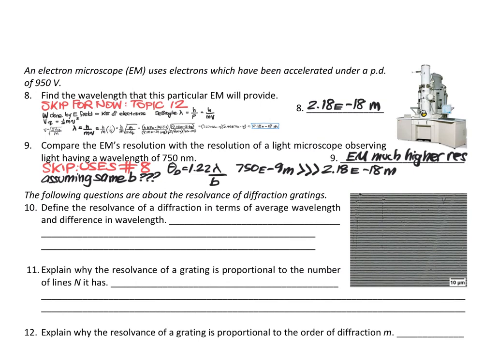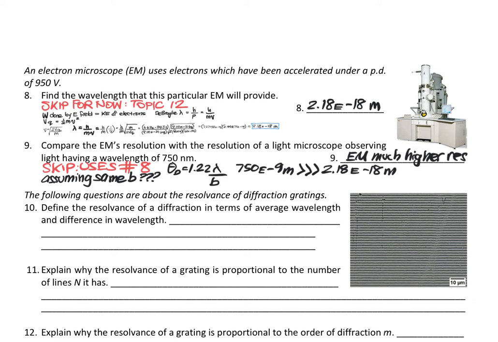And then for number 9, it says compare the electron microscope's resolution with the resolution of a light microscope observing with a wavelength of 750 nanometers. So resolution depends not just on wavelength, but also on aperture. I don't really know how that works. I guess we're assuming the same aperture.